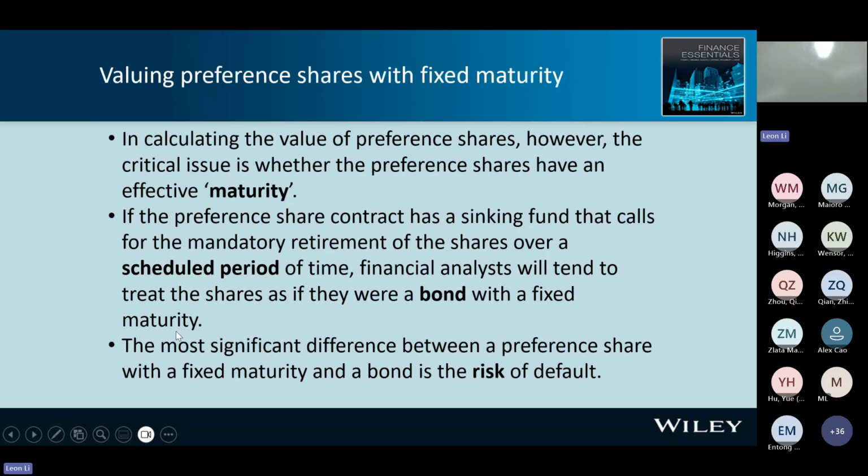Right? So if the constant dividend payment has a maturity date, the preference share will be like a bond. Bond has a maturity date, right?